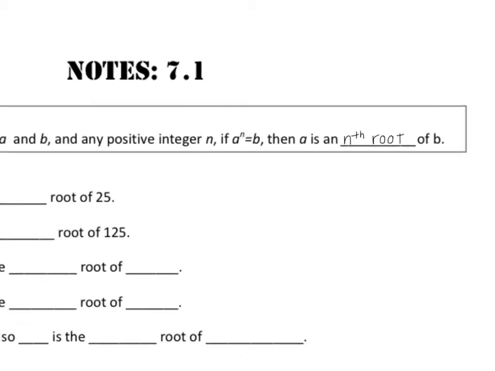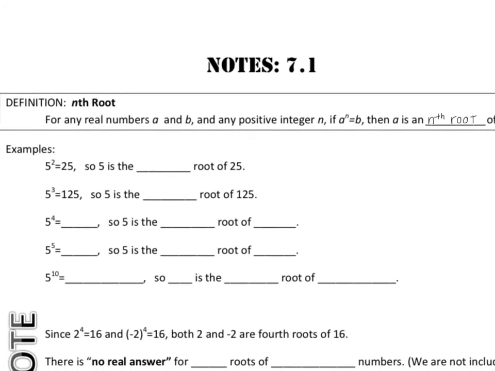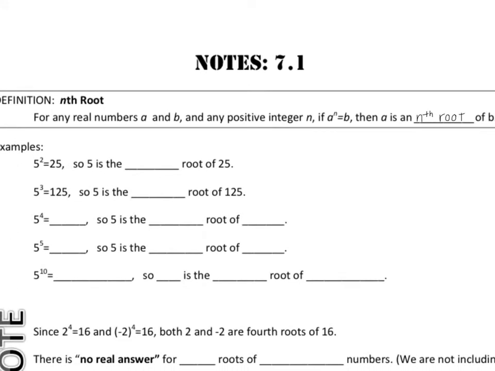So like below, it says 5 squared is 25, so 5 is the what root of 25? Second, or you could say squared, either way. Square or second root of 25.